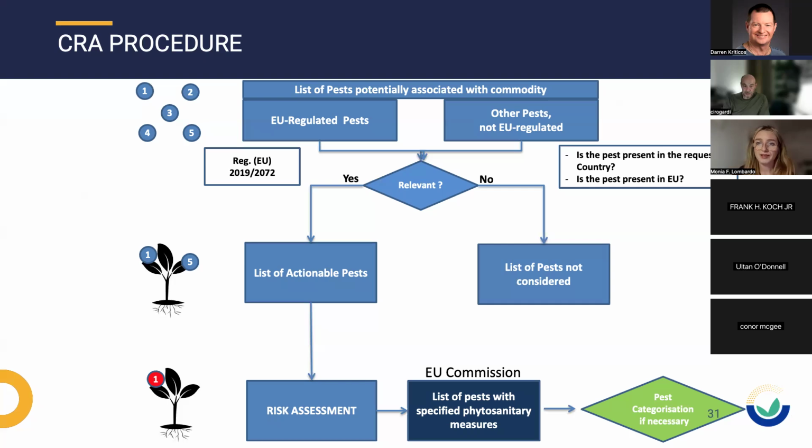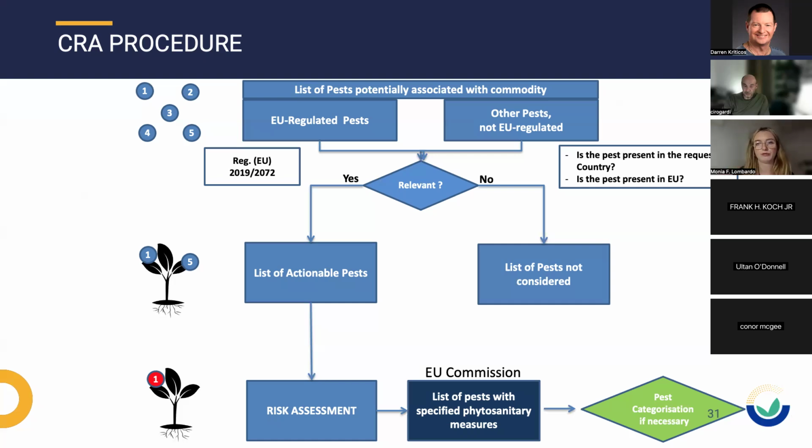And the relevance of a pest is determined based on several criteria. Those include if the pest is present in the requesting country, if the pest is already present and widespread also in the European Union in 3 or more EU member states, or if it is strictly associated to the commodity under assessment.